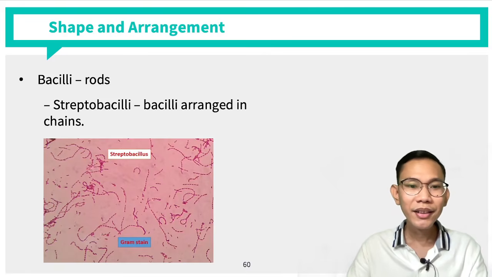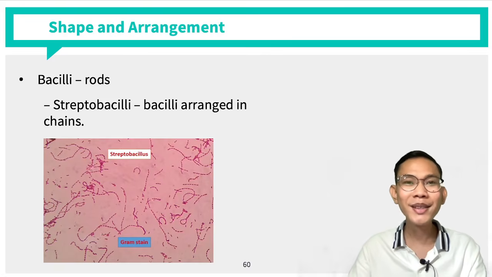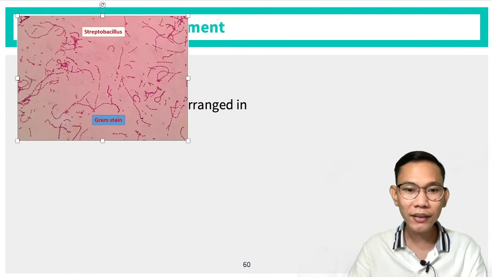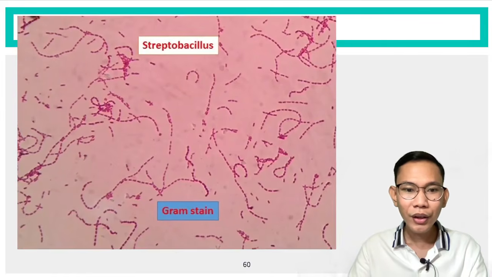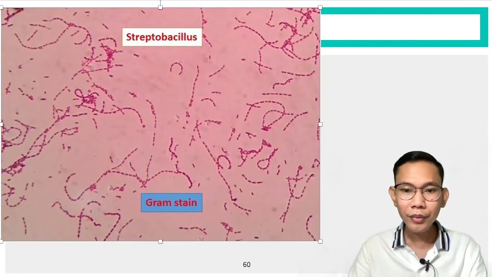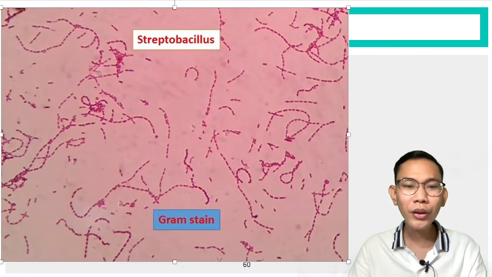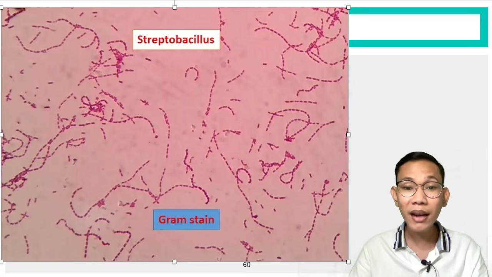So again, streptobacilli. So similar with your streptococci. Pag strepto, what does that mean? Arranged in chain. So tingnan natin. Lakihan ko lang ang diagram para mas makita nyo. Remember, this is question. Gram-positive or gram-negative? Of course, red siya. This is gram-negative.